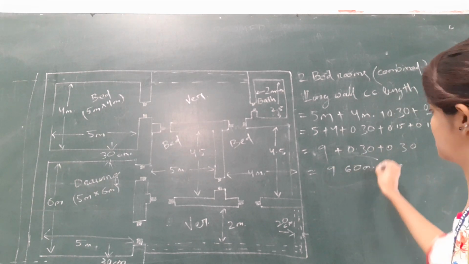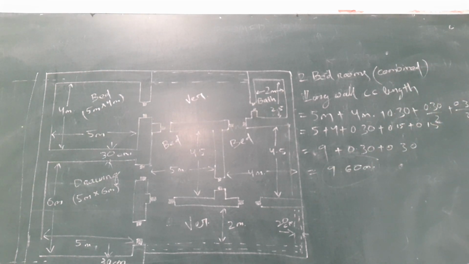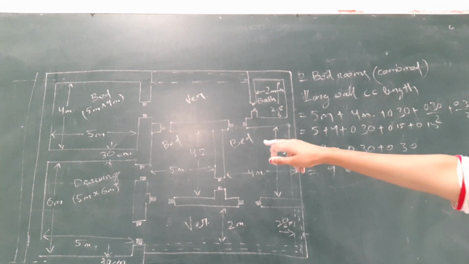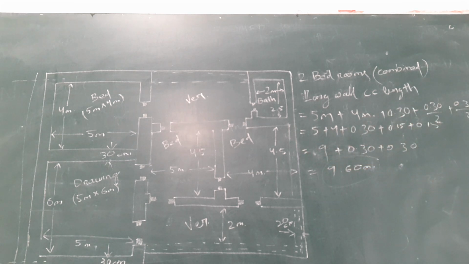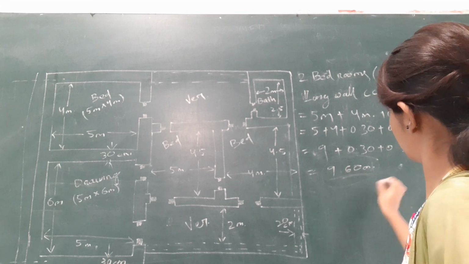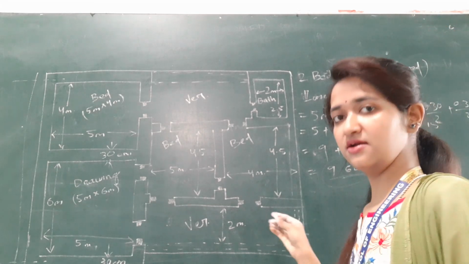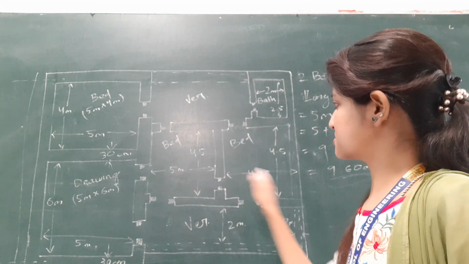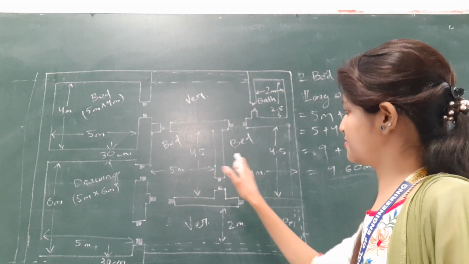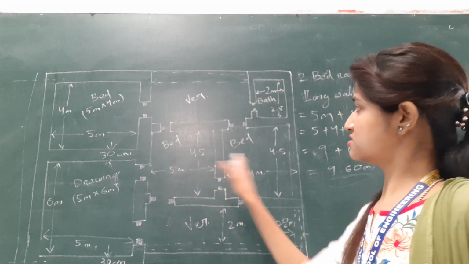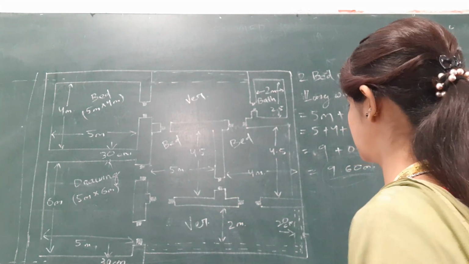So this is the calculation of the center to center length of the long wall. For which area? 2 bedroom combined area. Okay. So this is done. And for the short wall, the long wall is done. Okay. 5 plus 4 plus 0.30 plus half of breadth of two sides.